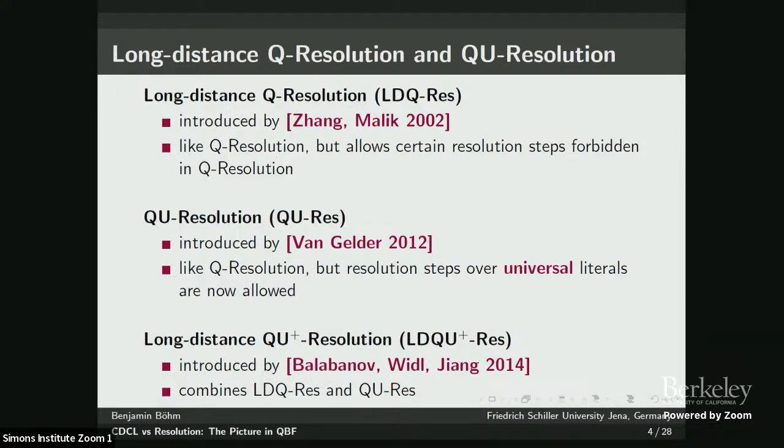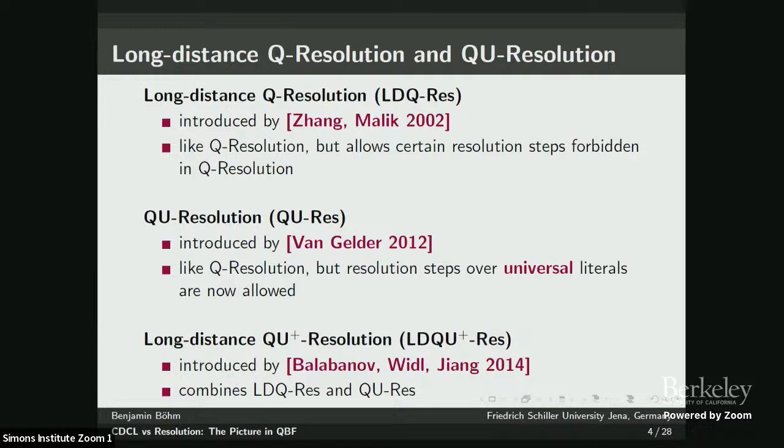But for this talk, it's not crucially important to know what these extra rules are. And you've already seen QU resolution, introduced by Van Gelder in 2012, which is just Q resolution, but we are also allowed to resolve over universal literals. And you can also combine these 2 systems into this long distance QU plus resolution, or LDQU plus res, 2014.